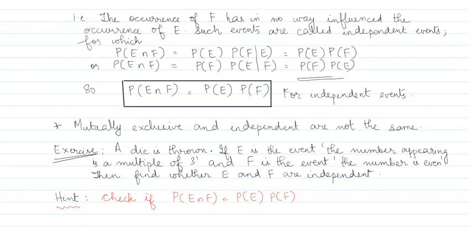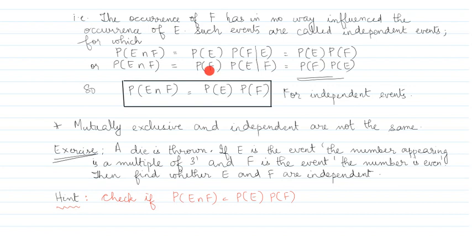P of E intersection F, you had two relations from the previous slides. P of E intersection F can either be written as P of E times P of F given E has occurred. But if your events are independent, the occurrence of E has no influence on F, which means your P of F given E has occurred is P of F itself.